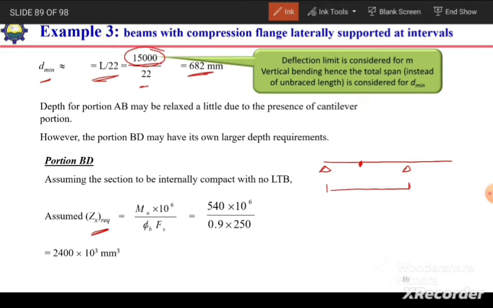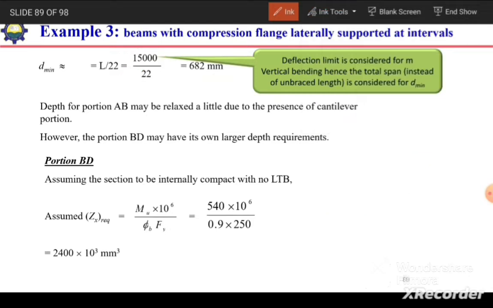It is not braced for the vertical bending, and this D minimum corresponds to the vertical bending. So if this D corresponds to the vertical bending, we need to consider this much span. That's why we have considered this value, the total span 7 plus 8, 15,000.